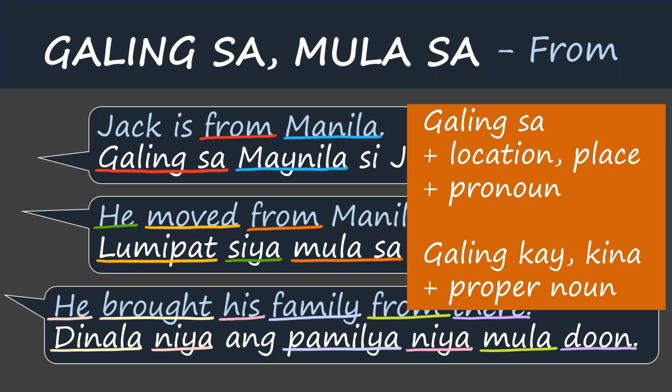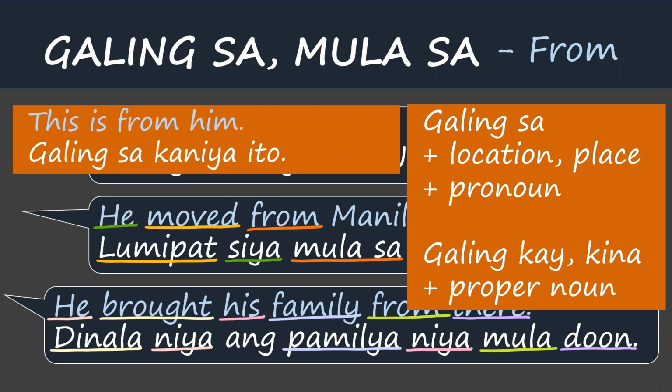Because Maynila is a location or a place, we say galing sa. We also say galing sa when it is followed by a pronoun, such as in this example. This is from him. Galing sa kaniya ito. So, him is a pronoun. Kaniya is a pronoun. So, we say galing sa kaniya.